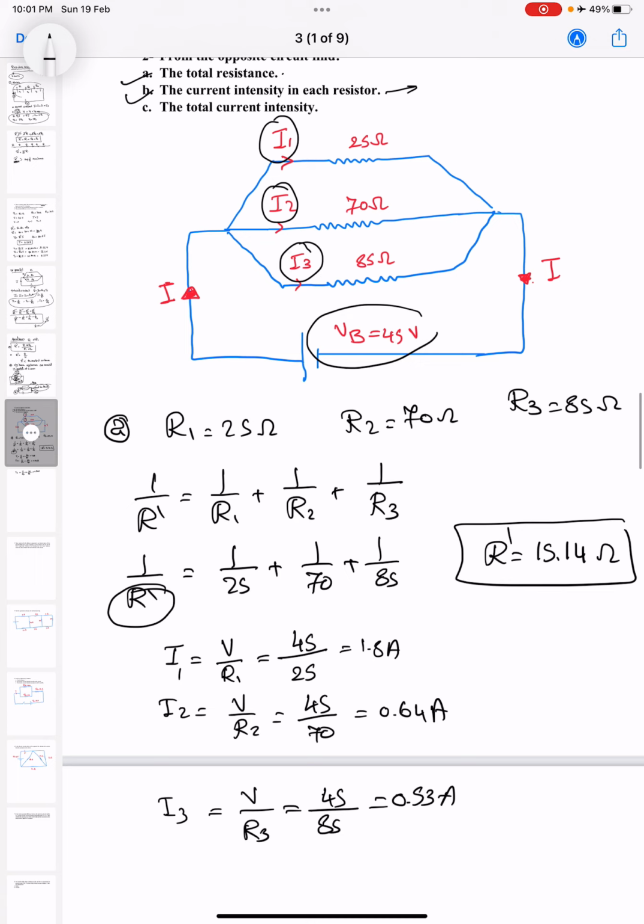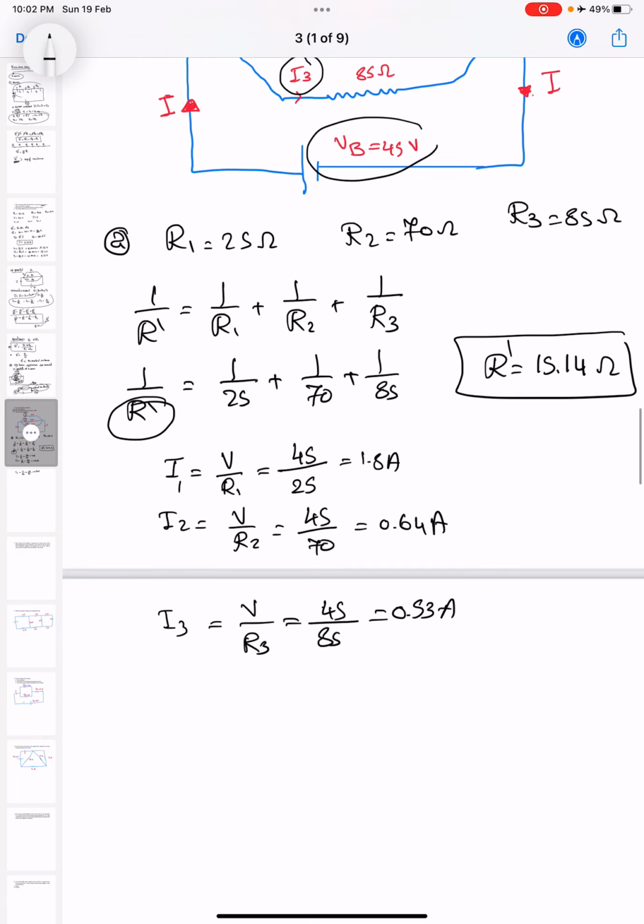Okay, we get the B, C, the total current intensity. Total current intensity I. We have two ways to calculate it.